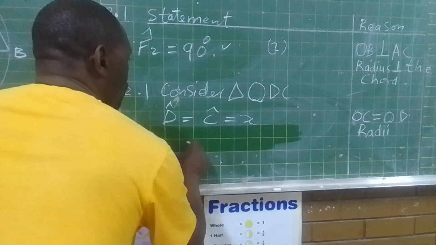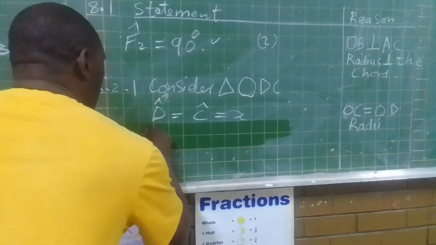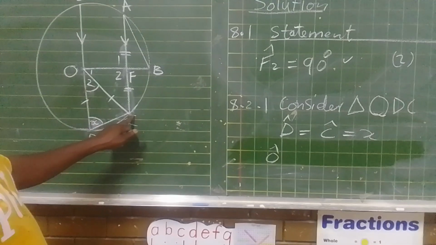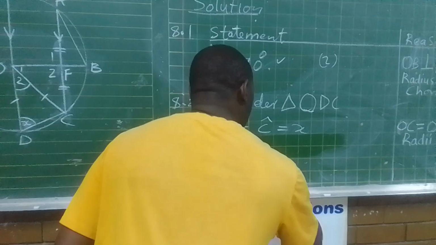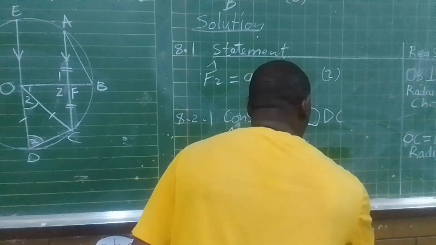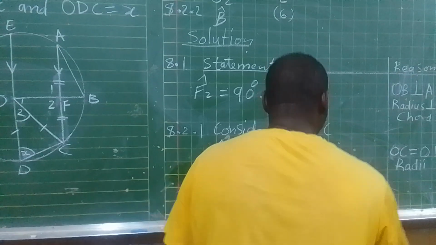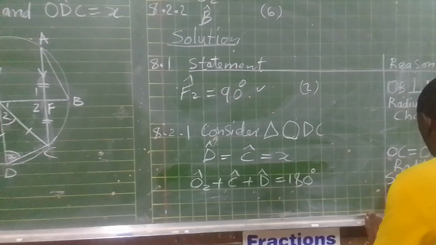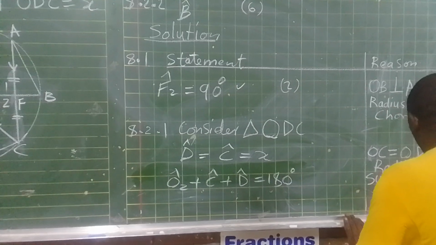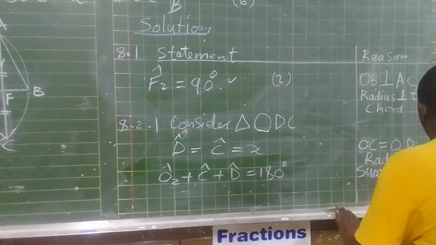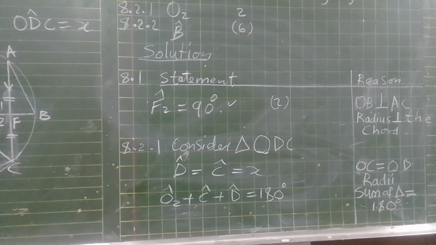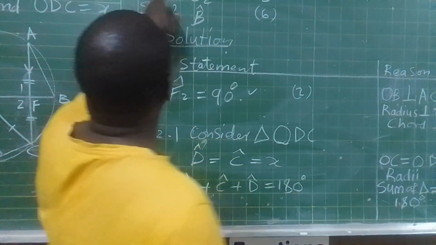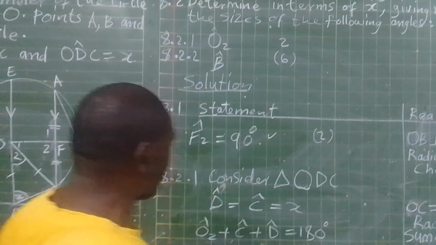Angle O2 plus angle C plus angle D is equal to 180 degrees. The sum of angles of a triangle equals 180 degrees. Now they say we must determine O2 in terms of X.